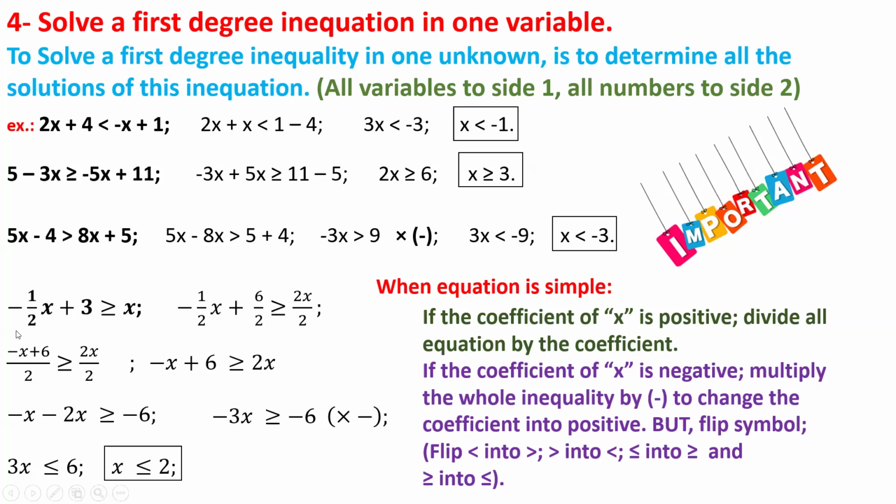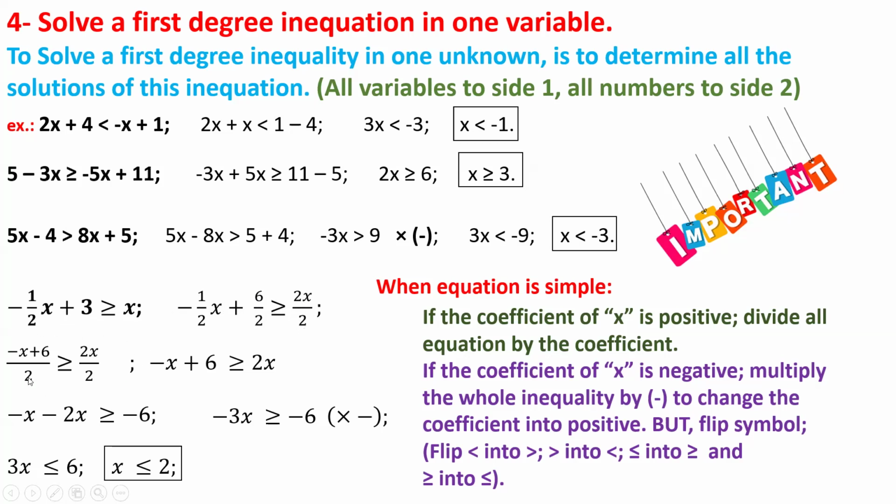So I have minus half x plus 3. So I change 3 into a fraction of denominator 2. I make these two like fractions, so it becomes 6 over 2 greater than or equal. This is x, so it becomes 2x over 2. Now, minus x plus 6 over 2 greater than or equal to x over 2.